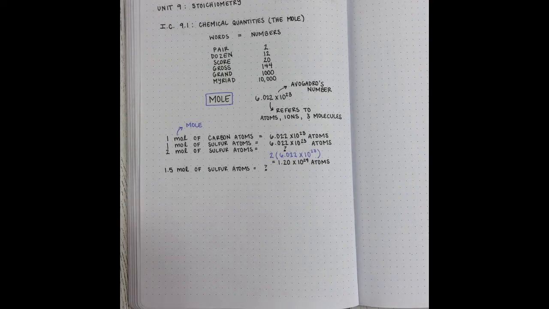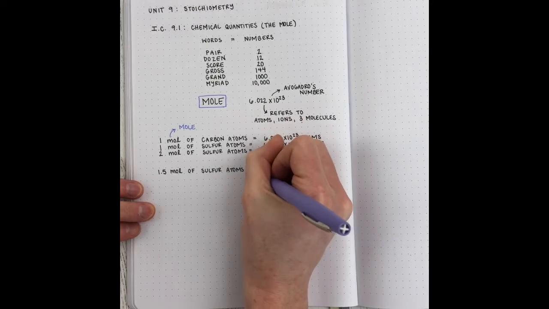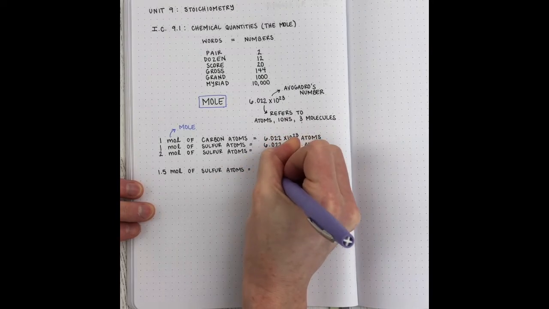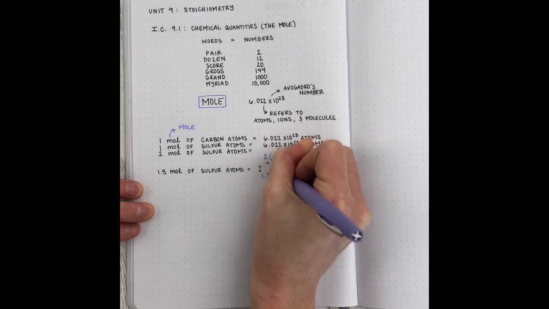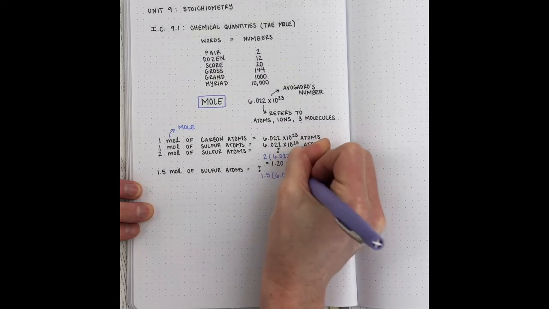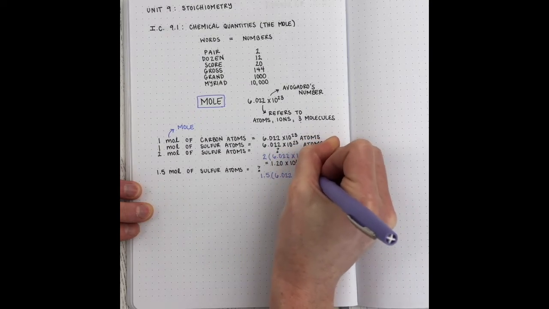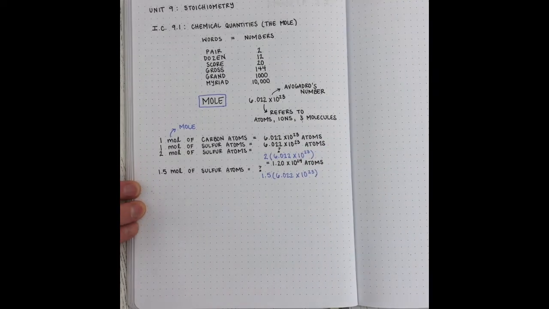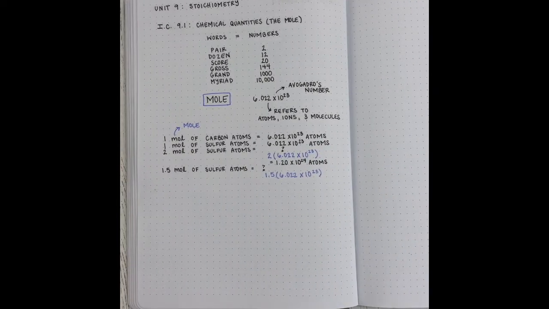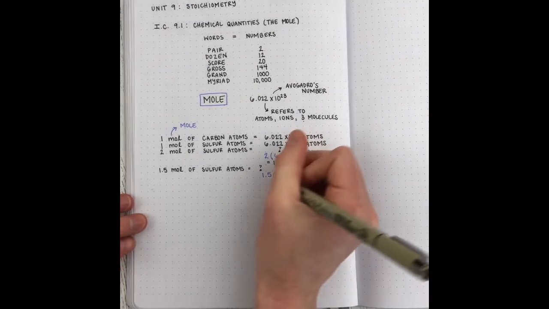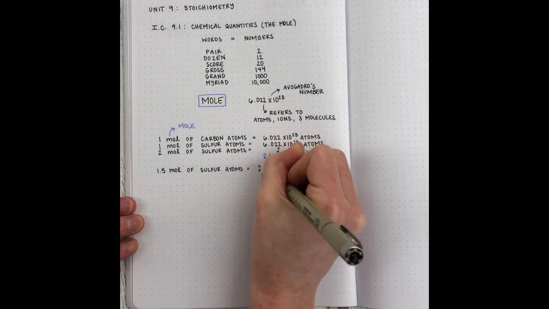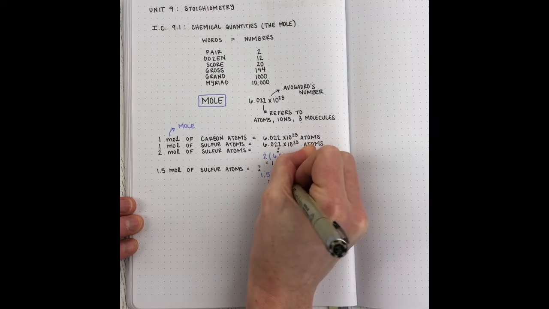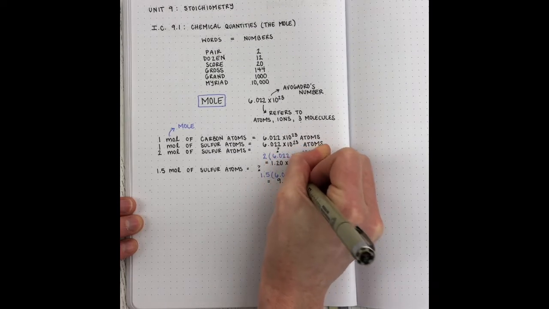How many sulfur atoms would you have if you had 1.5 moles of sulfur atoms? Just like in the question above, we'd simply multiply Avogadro's number by 1.5. So if I said I wanted 1.5 dozen donuts, I would want 12 times 1.5, which would be 18. It would be a dozen plus a half dozen.